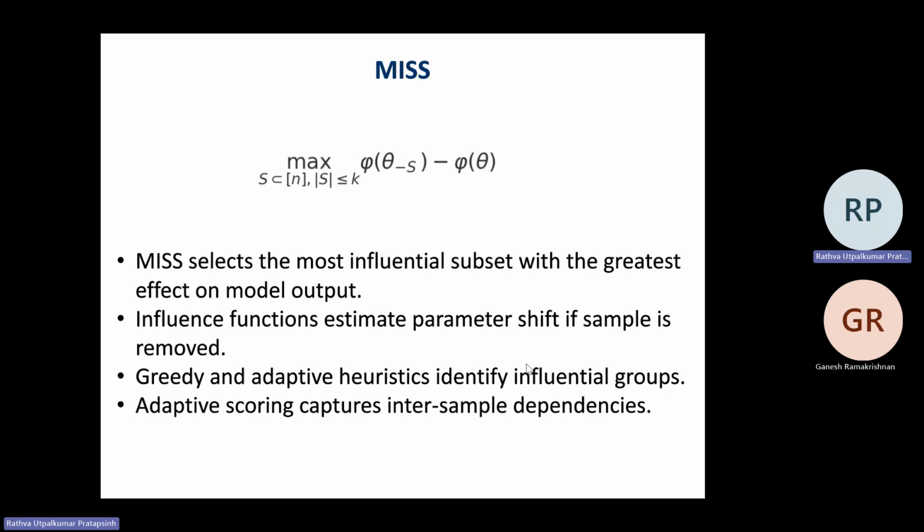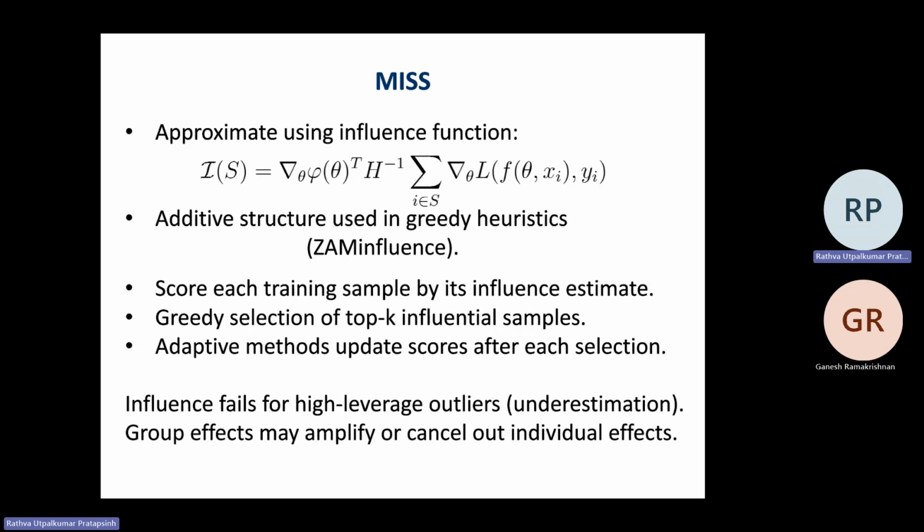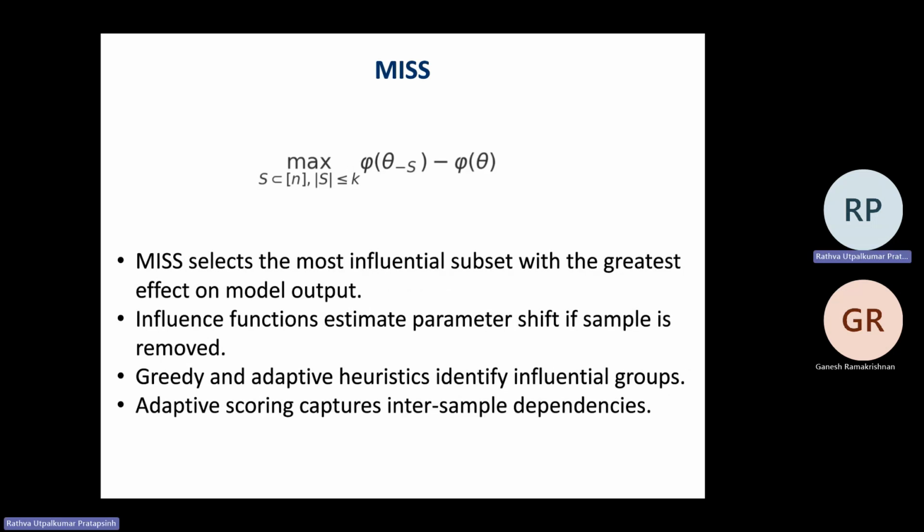It's a parameter shift. If we remove the most influential subset, it doesn't perform well, sometimes incorrectly in a linear model. The most influential subset is the one that most greatly affects the model output.